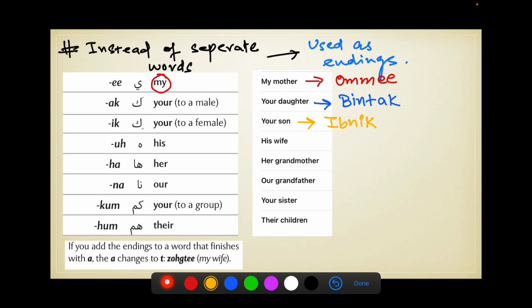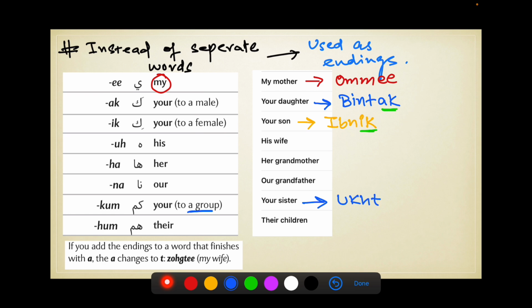So bintak and ibnik. There is use of your in both of these, but what makes them different is their endings. Here the ending is ak, which is used when you're talking to a male, and here the ending is ik, which is used when you're talking to a female. Also, if you're talking to a group of people and you have to say your sister, suppose, you will say ukt.